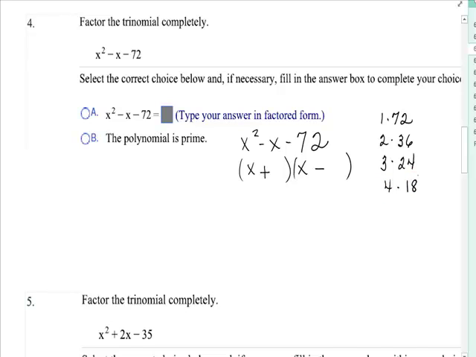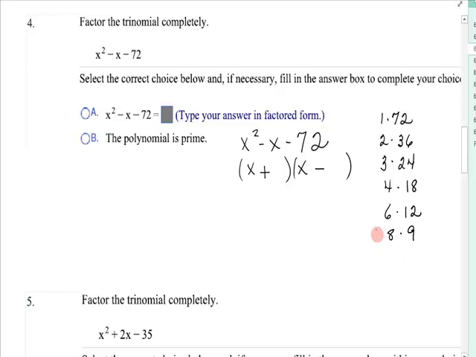Does 5 go in there? No. Does 6? Yes, 6 times 12. Does 7? No. Does 8? Yes, 8 times 9. And since 9 is the next number, I know I'm done, but my goodness, that was a lot of combinations. Many people don't have to write them down, but as a start out, I would say it's not a bad idea.